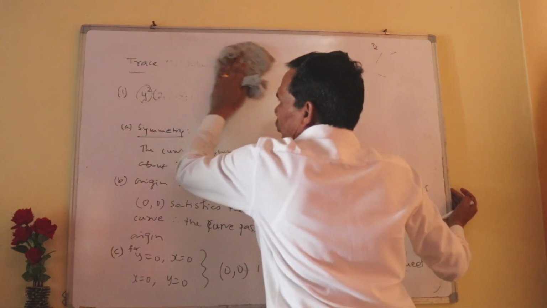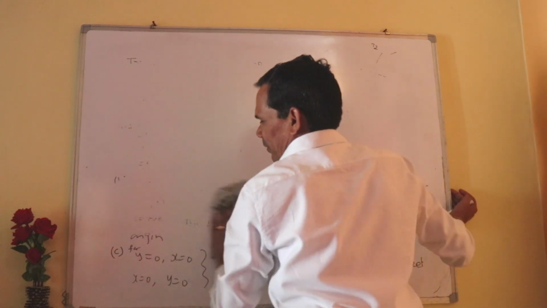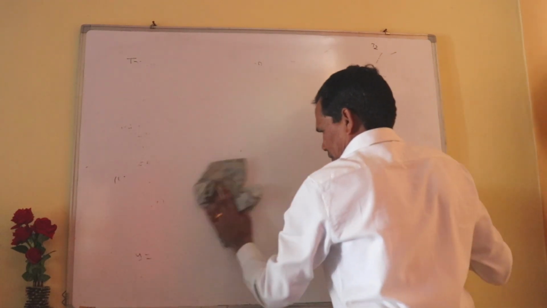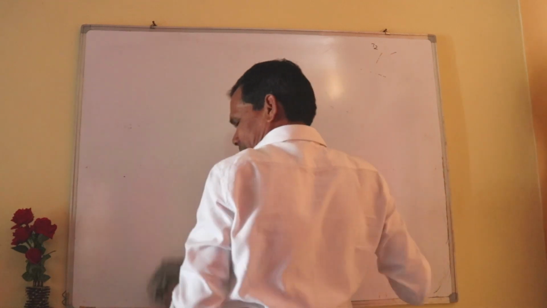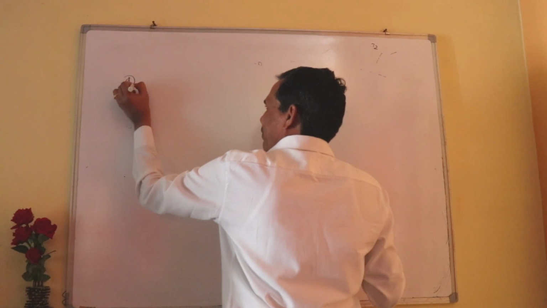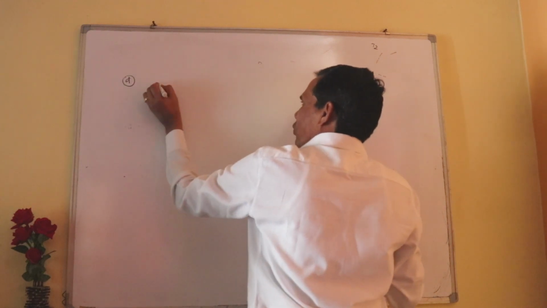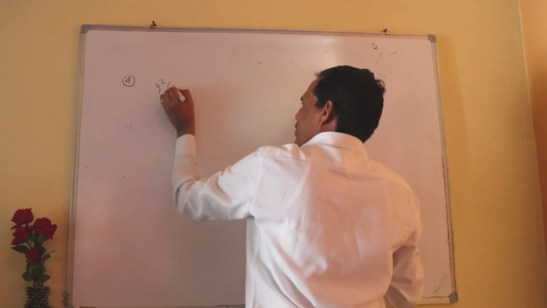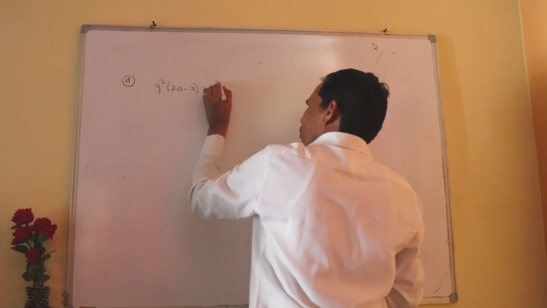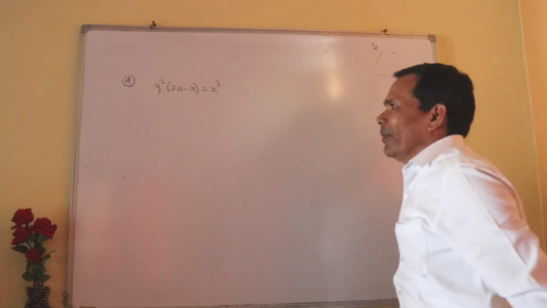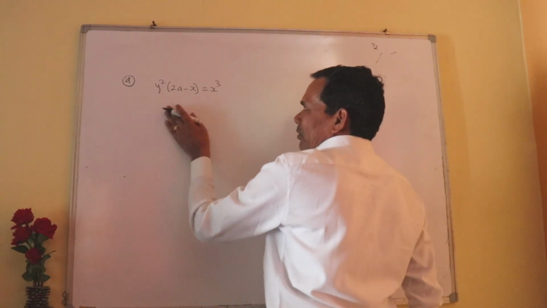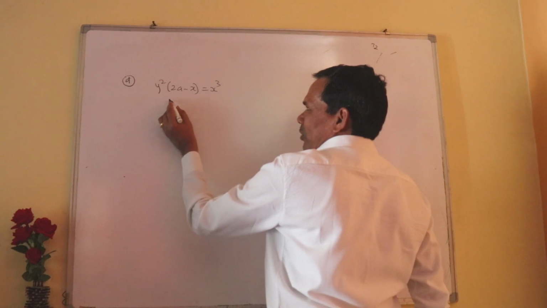Now the next point is D, the asymptote to this curve. Asymptote, if any: y square (2a minus x) is equal to x cube. What do we do to find the parallel asymptotes?